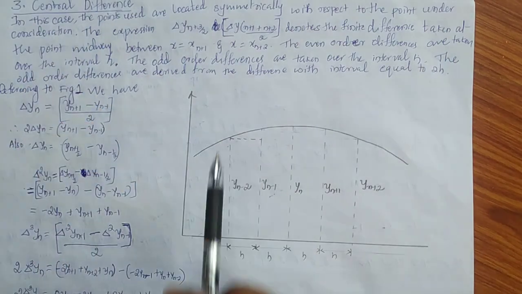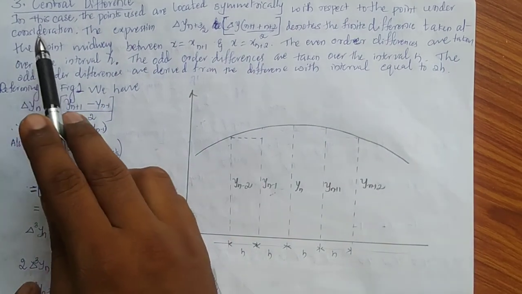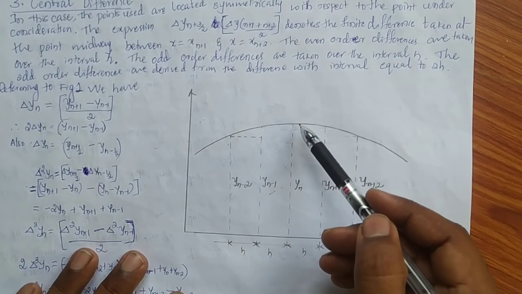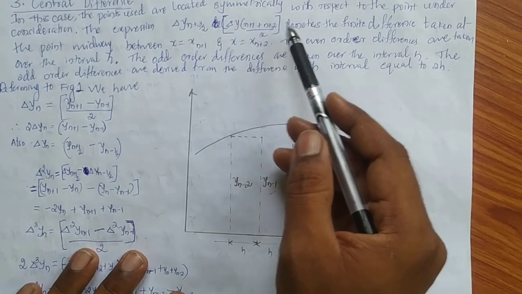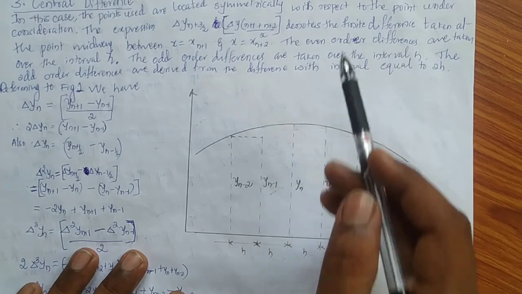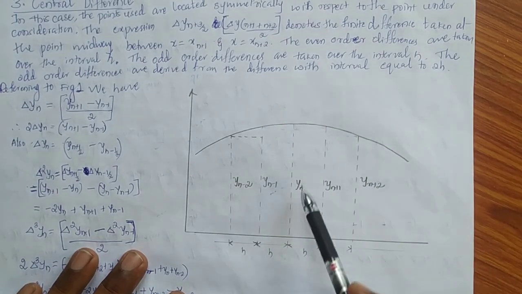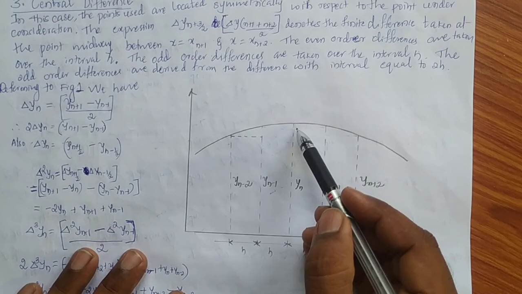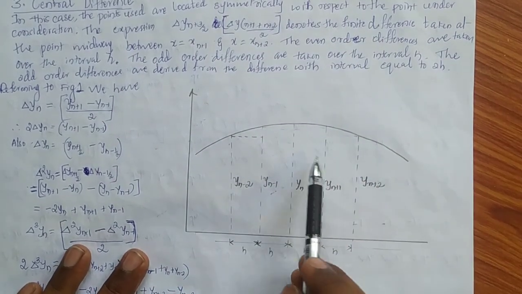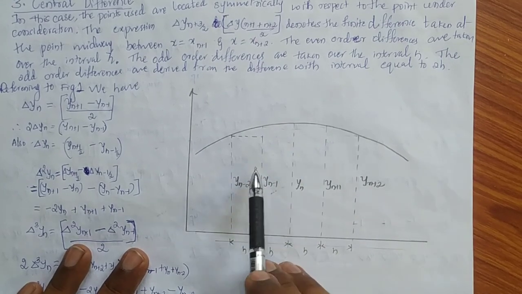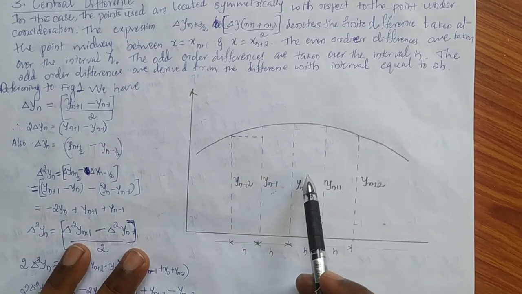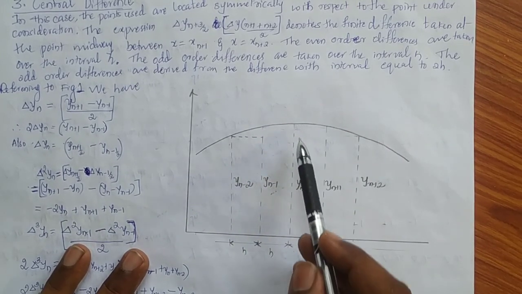Next, the central difference method. In the central difference method, in order to calculate the difference at one point, we will be considering 2 points symmetrically about that point. Let us say you are calculating delta yn, that means the difference at this point. What you will be considering is the ordinate next to it and the ordinate before it. You calculate the difference of those two values, and that divided by 2 will give you the difference over here.